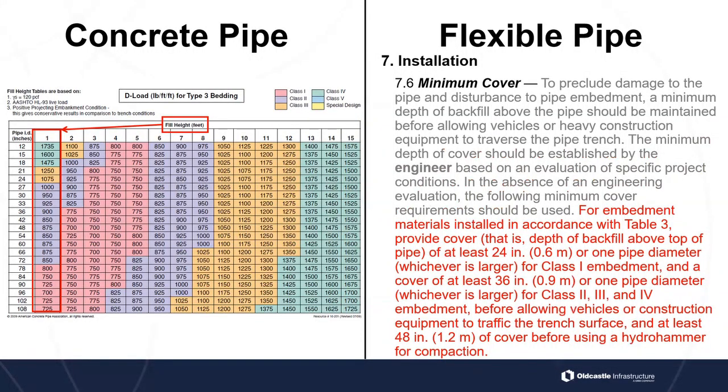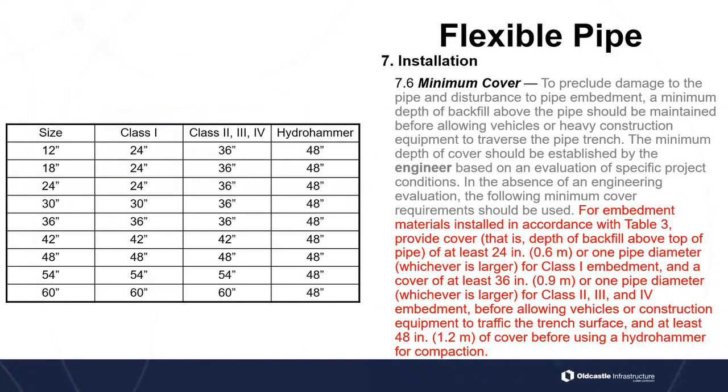So that's the recommendations that flexible pipe gives if the engineer is not going to do a minimum cover evaluation. This is what they recommend: 24 inches for a class 1 embedment, 36 inches for class 2, 3, and 4, and then make sure there's at least 48 inches before you use a hydro hammer for compaction.